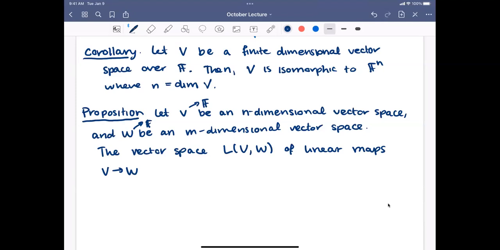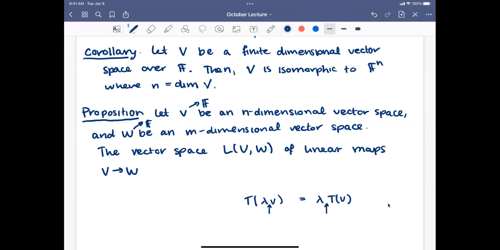For example, homogeneity doesn't make sense unless V and W are over the same field. How would you do T of lambda v equals lambda T v? I only know how to do the multiplication in both situations if V and W are over the same field.